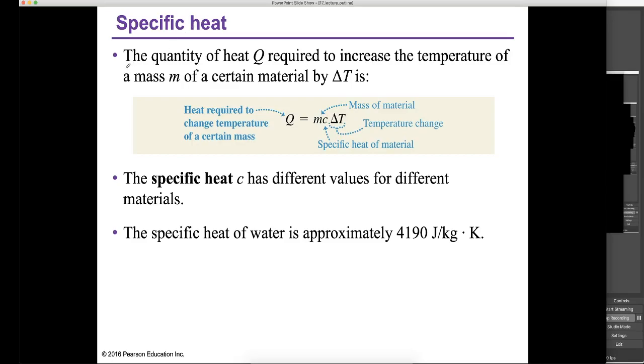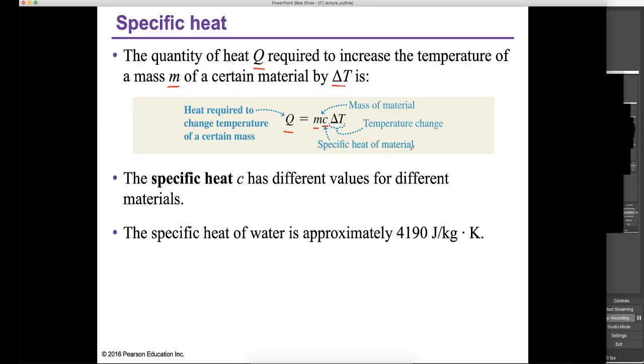Okay. The quantity of heat required to increase the temperature of a mass m of a certain material by delta T is given by this equation. So Q equals m c delta T. Q is the heat required to change the temperature of a certain mass. m is the mass. c is the specific heat of the material.